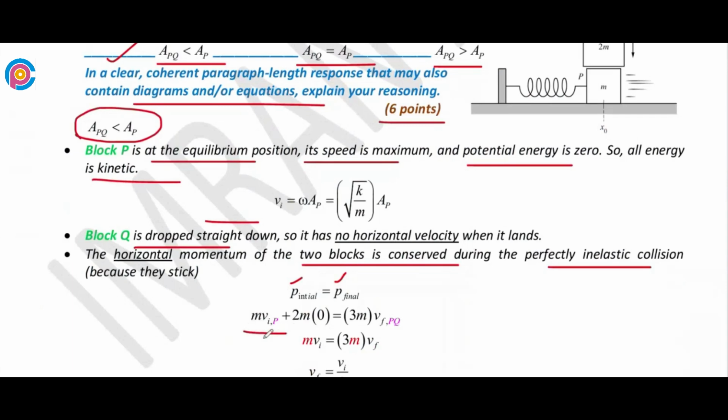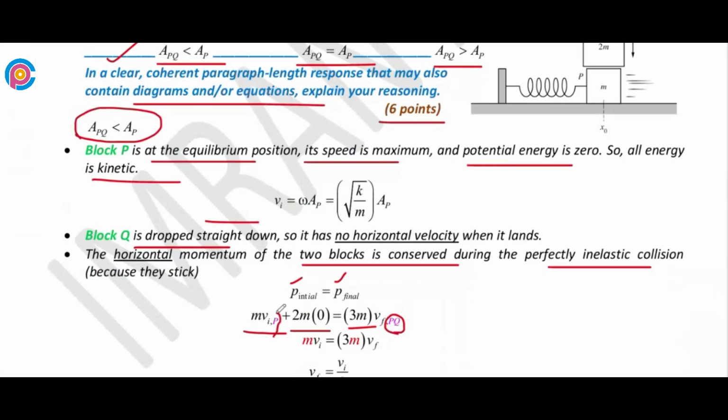Initially, block P is moving along the x-axis on the horizontal surface and block Q falls vertically, so there is no horizontal initial velocity for the Q block. So it is 0. After that, they stick, so the total mass becomes 3m and their final velocity is called Vf, the two-block system velocity.